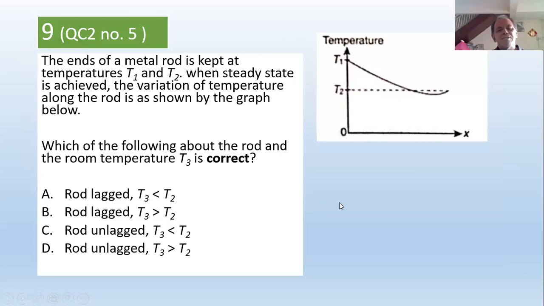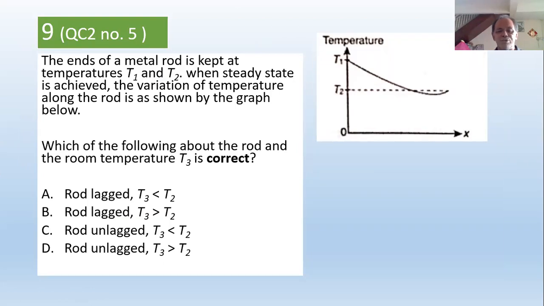The end of the metal rod is kept at temperature T1, T2. When steady state is achieved, the variation of temperature along the rod is shown by the graph below. Which of the following about the rod and room temperature T3 is correct? Okay, it goes down. The answer is either C or D, right?